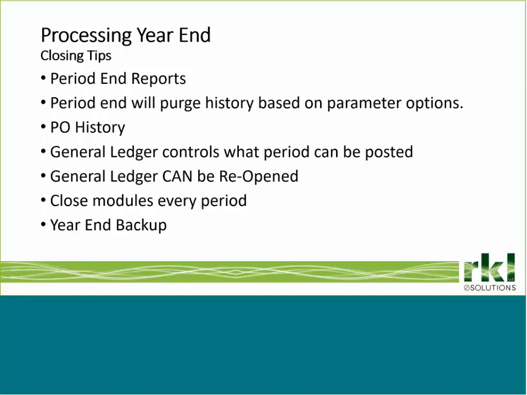Purchase order history. If you're on version 2015 or higher, Sage now retains PO history, and some of you may still have some settings set based on when Sage did not keep PO history, which is there's a setting that says how many days do you want to keep a completed purchase order in your open PO file, and oftentimes that's set to 999 because it used to not keep history.